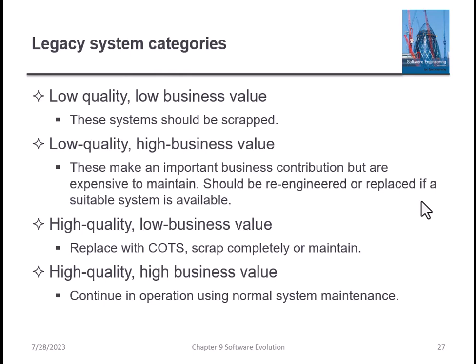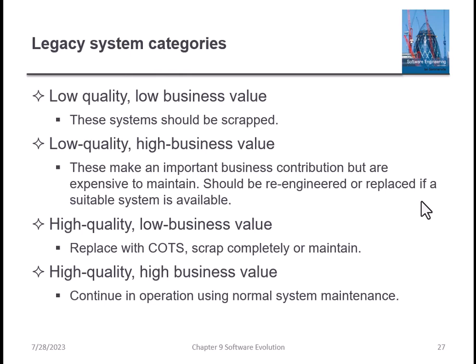These make an important business contribution but are expensive to maintain. They should be re-engineered or replaced if a suitable system is available, for example if there is some alternative software available in the market at low cost, because modification or re-engineering of a legacy system is not easy. It also takes time and can be costly. So if an alternative system is available, we should adopt that.